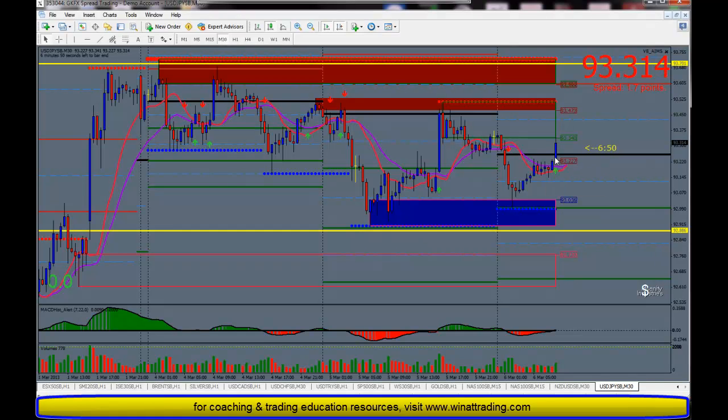It looks like it has broken through the pivot with a bit of strength, so this is a possible short-term long, and if you manage this correctly, you can still come out with a profit, even if you do get stopped out by this area of resistance here. That has been an area of resistance, but it has been used as well, so possibly a long trade here on the 30-minute side.